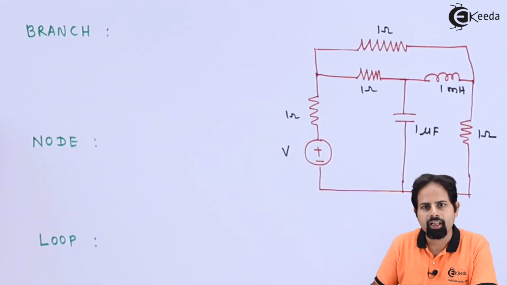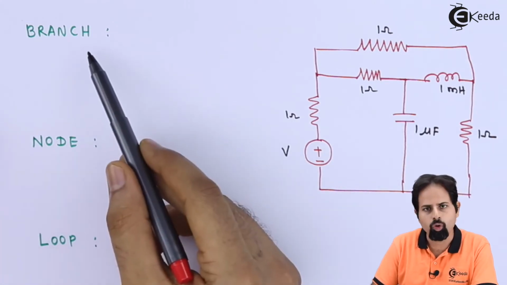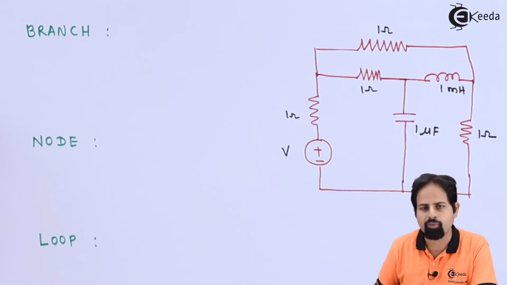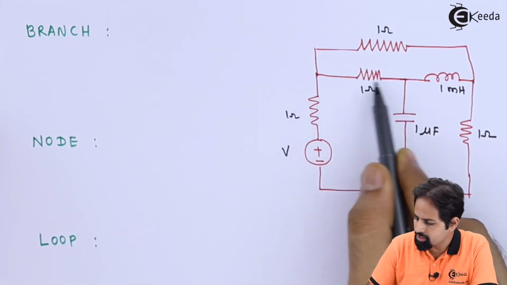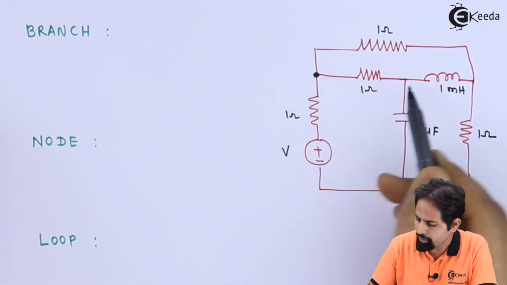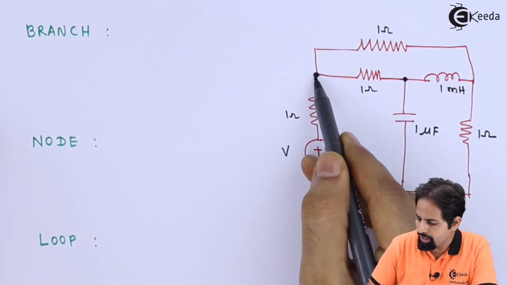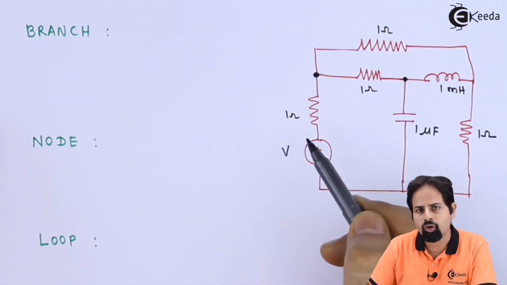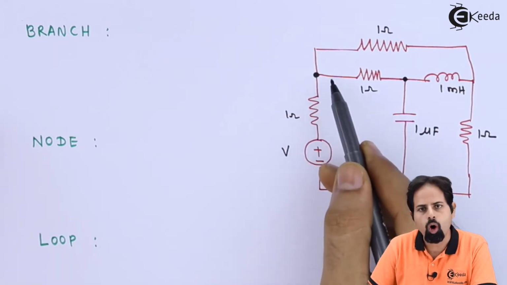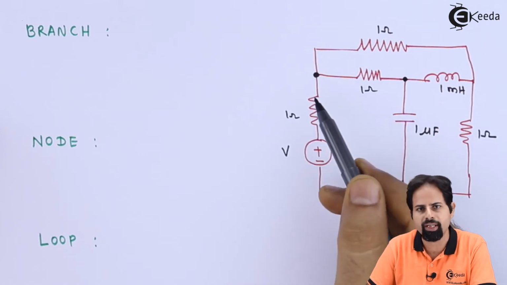Here you can see I have taken a test circuit, and in this circuit we want to know what is called a branch, what is a node, and what is a loop. Let's find out. Now here you can see this 1 ohm resistor. This resistance is connected between this point and this point. This point is called a node if and only if at least two or more than two branches or terminals meet at that point.